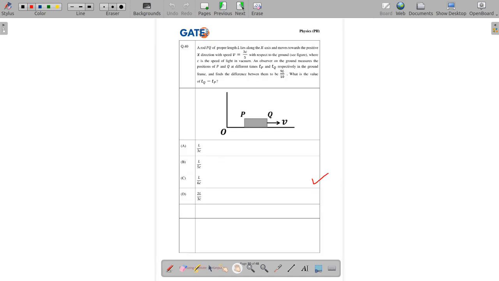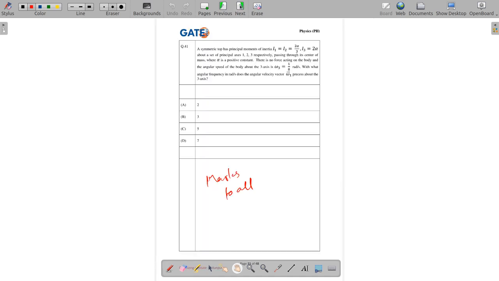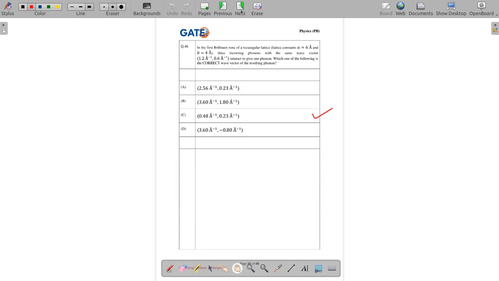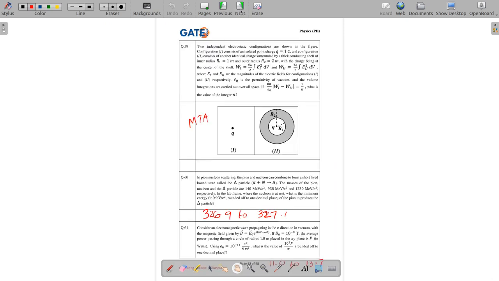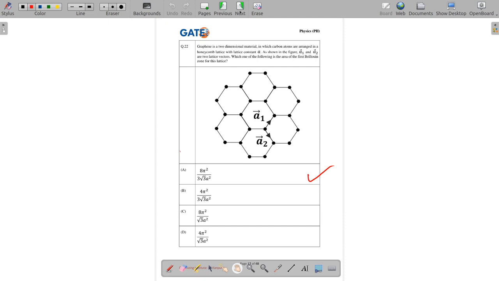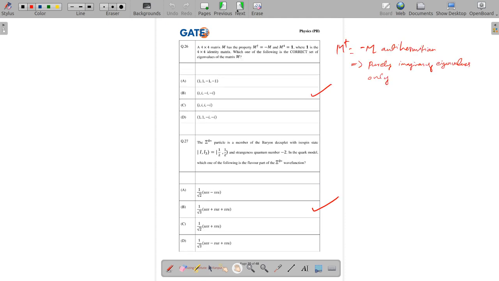I have marked the questions. These are from the answer key which I have already shared, and you can get all these answers from the answer key also. There are numerical questions too, and these nuclear questions I am not confident about, so I am skipping all of them for now.